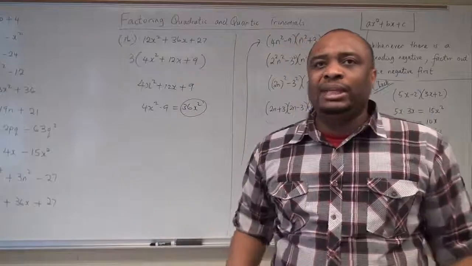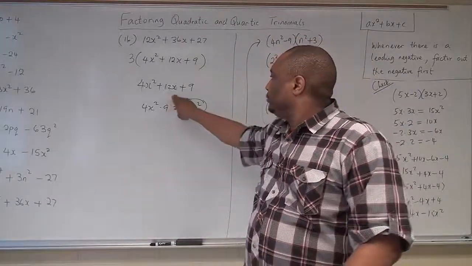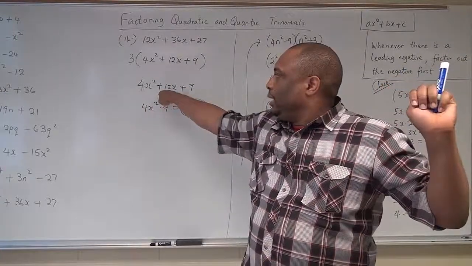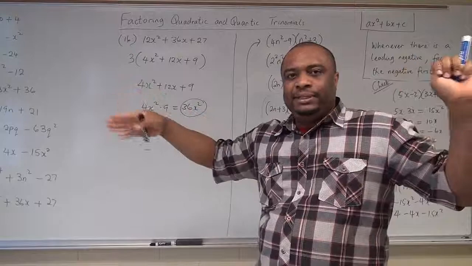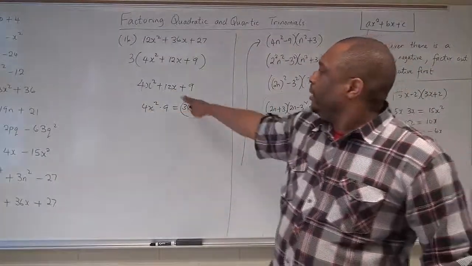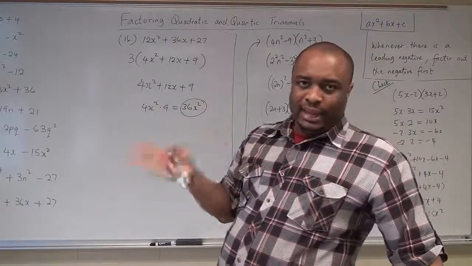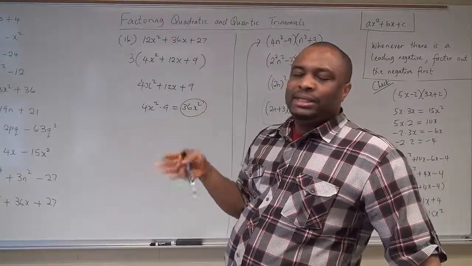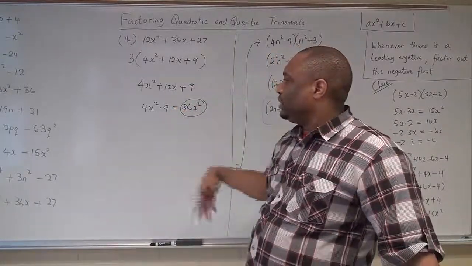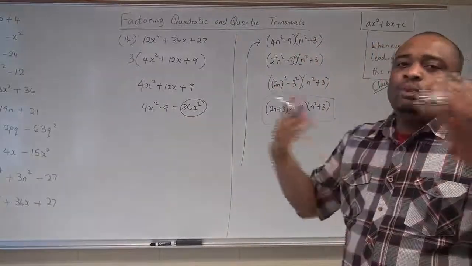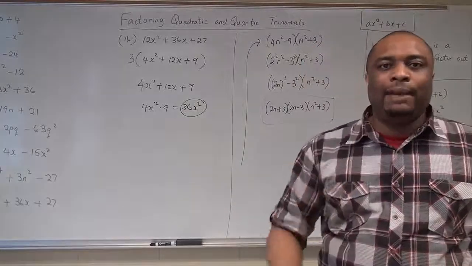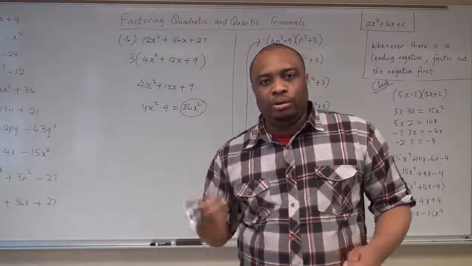A negative plus a negative is still going to give us a negative. Like negative 1x minus 36x will give us negative 37x. So let's just deal with the positives. Or if you want to deal with both, that's fine. Just to save time, if you're in an exam and you're timed, you want to work fast.